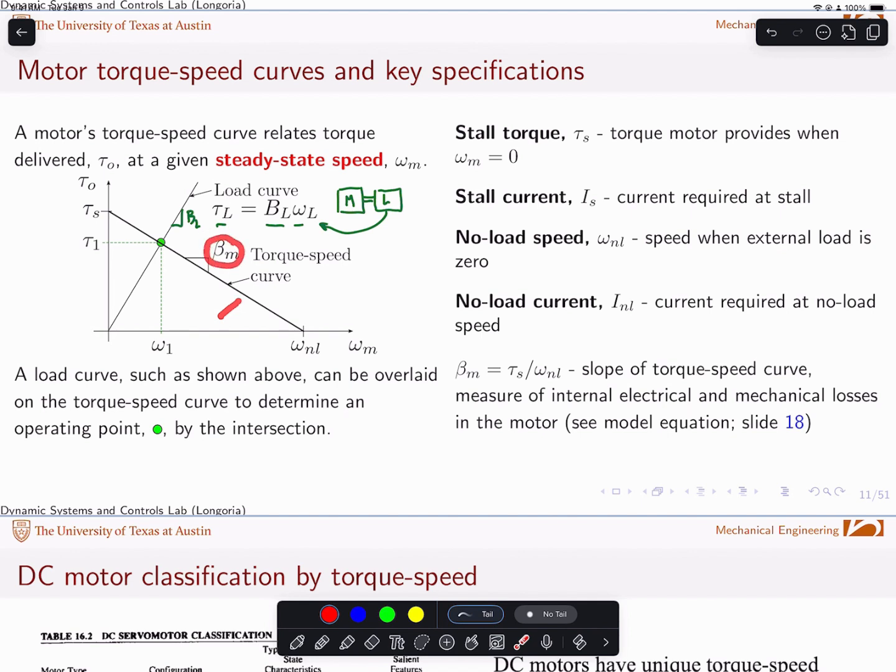The slope B_m here is for the special case where you might have linear losses, and in that case you could come up with that slope by just taking 2 measurements, a stall torque and no load speed, and that would give you that slope to characterize very quickly a simple motor of this type.